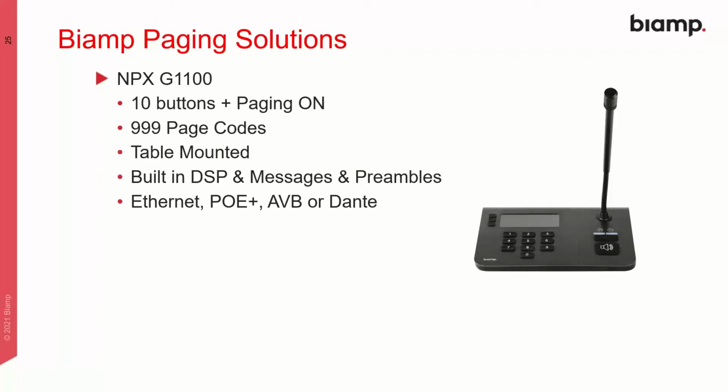A page code is effectively a zone or a zone group, or it could be a live playback from the microphone, or the transmission of a recorded message, for example. Again, built-in DSP and messages and preambles, Ethernet transmission, PoE+ powered, and AVB or Dante out of the box. So you can use it with either in a Tessera system.